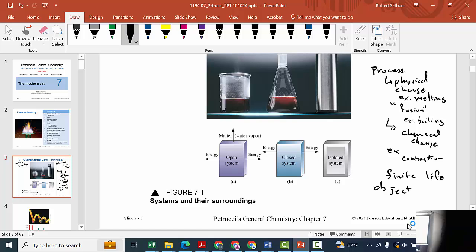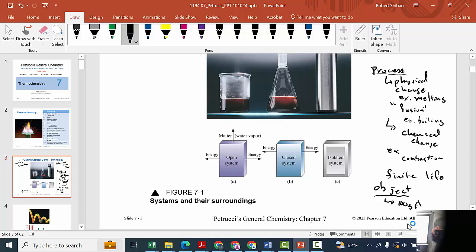Objects, on the other hand, are things that have a very long life. Like, for example, a bar of gold. Let's say we had 100 grams of gold. You don't want that to have a finite lifetime. You want that to have an infinite lifetime.